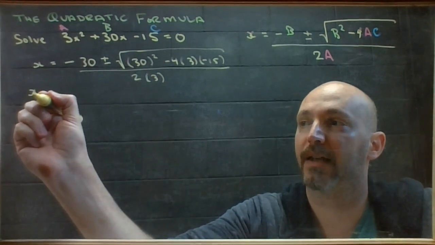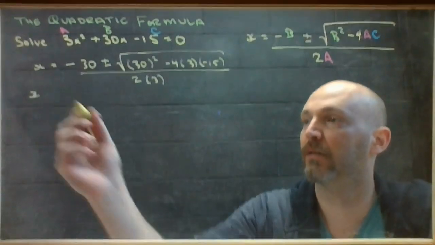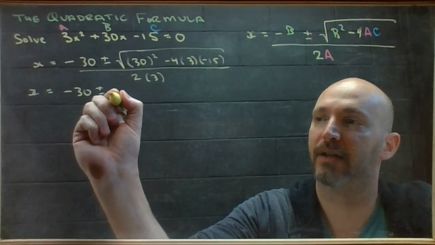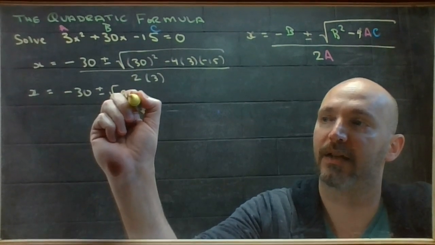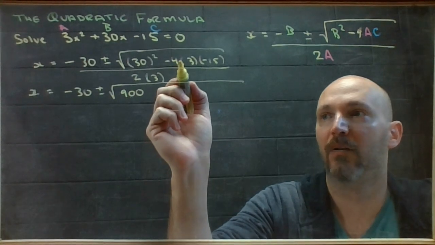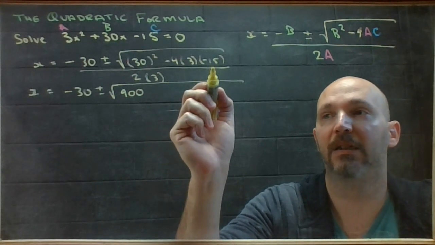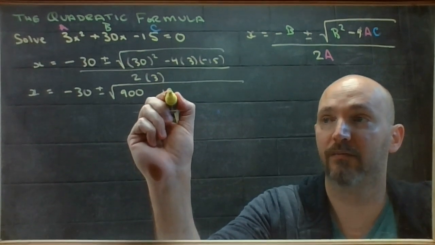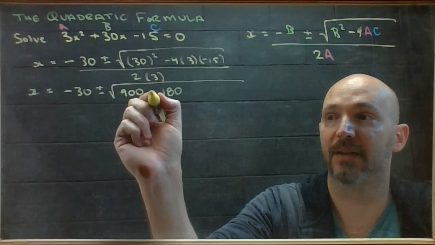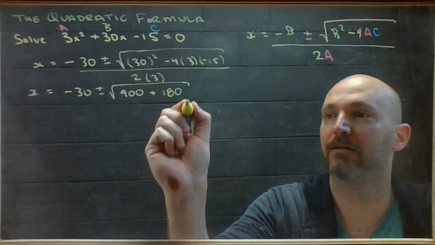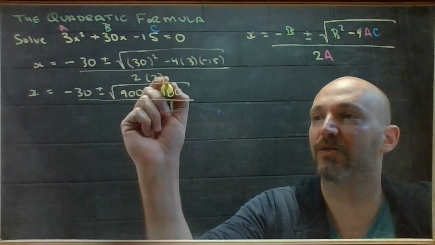You start working it out, have negative 30 plus or minus. 30 squared is 900. 4 times 15 is 60, and 60 times 3 is 180. The negative times a negative is a positive, so I didn't need that much radical there. 2 times 3 is 6.